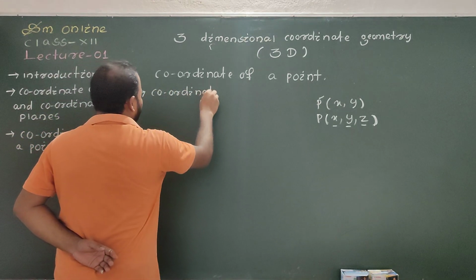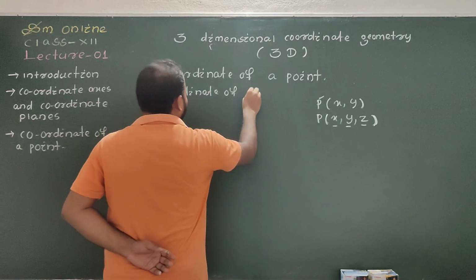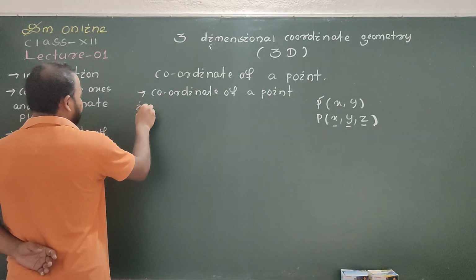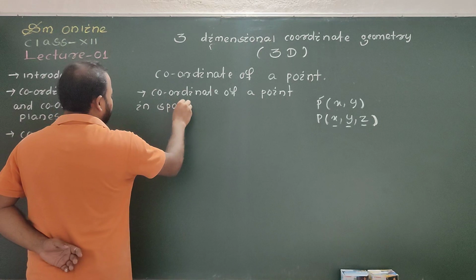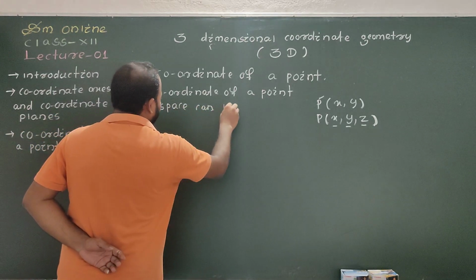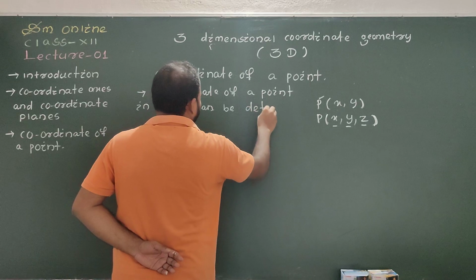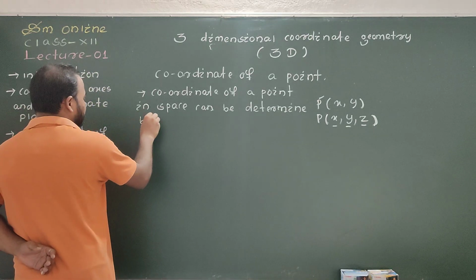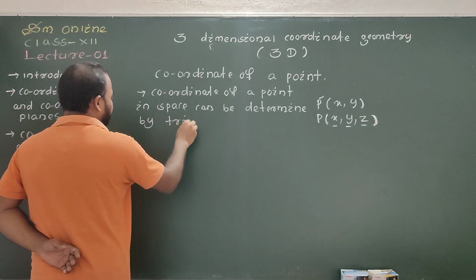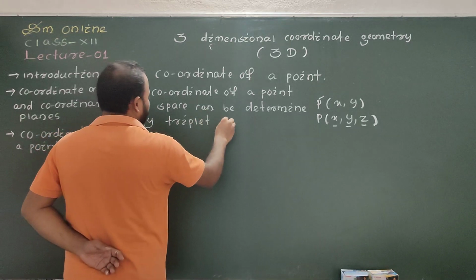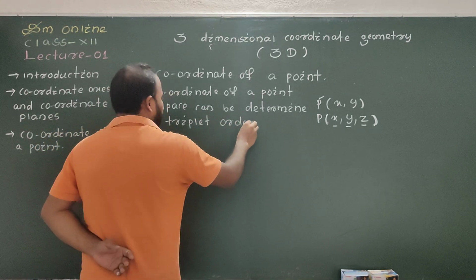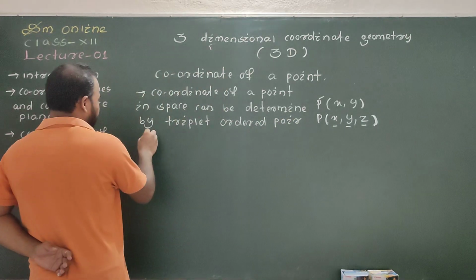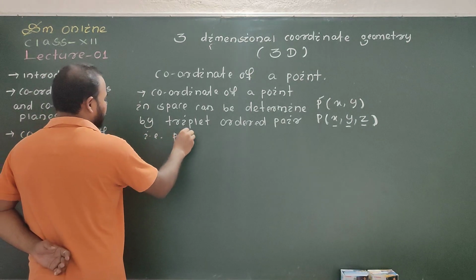Coordinate of a point in space can be determined by triplet ordered pair, that is P of x, y, z.